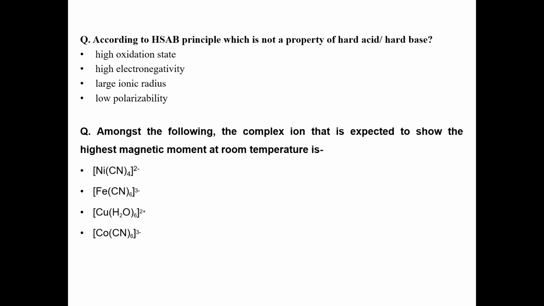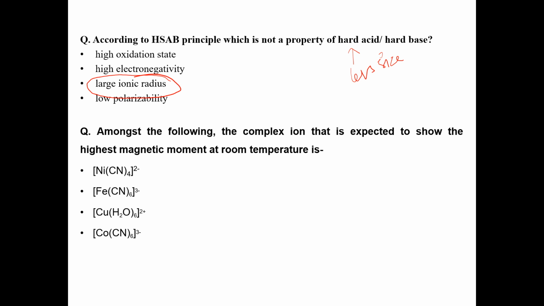According to the hard soft acid base principle, which is not a property of hard acids and hard bases? Basically hard means having a very high oxidation state and small size. So large ionic radius is not a property of hard acids and hard bases.